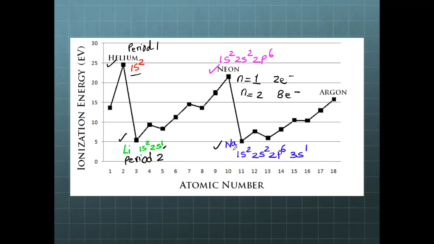When we move to sodium, now we are in period 3, and there is another energy level that has been added, which is n equals 3. Now this electron, which is present in the third energy level, is far away from the nucleus, and therefore it's easier to remove this electron as the hold of the nucleus on it is less. And therefore, we see a big drop in the ionization energy from neon to sodium.